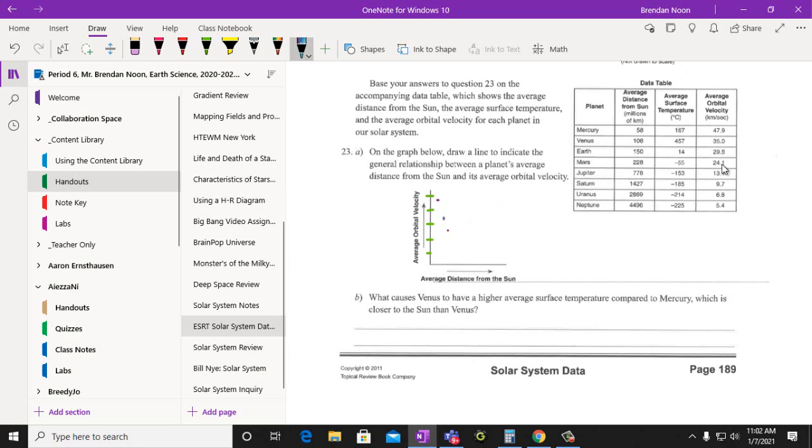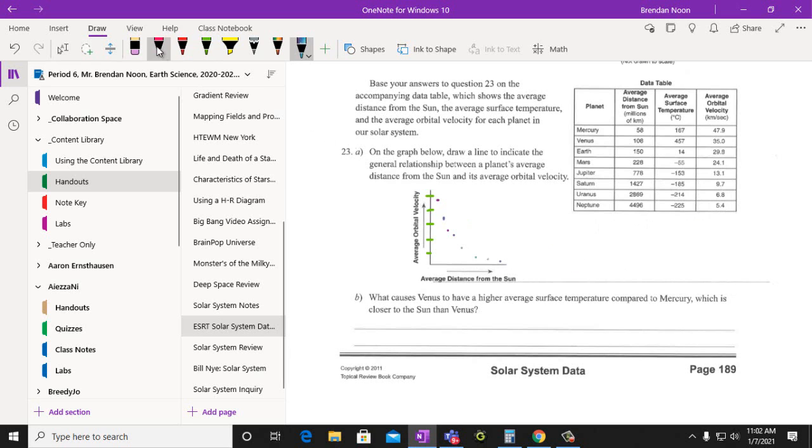Then 24, about there. Then 13, getting farther out. Then 9, about there. Then 8, about there, and 5 is about there.